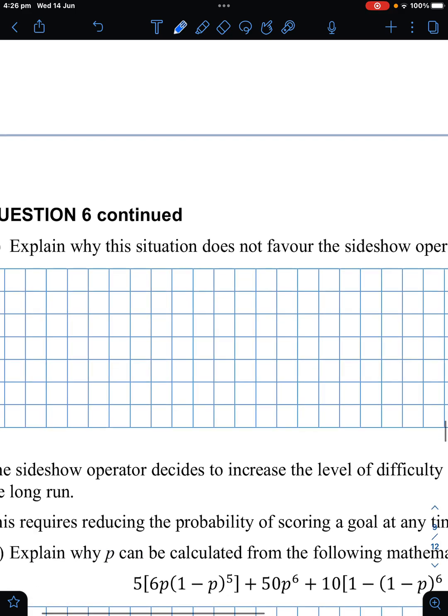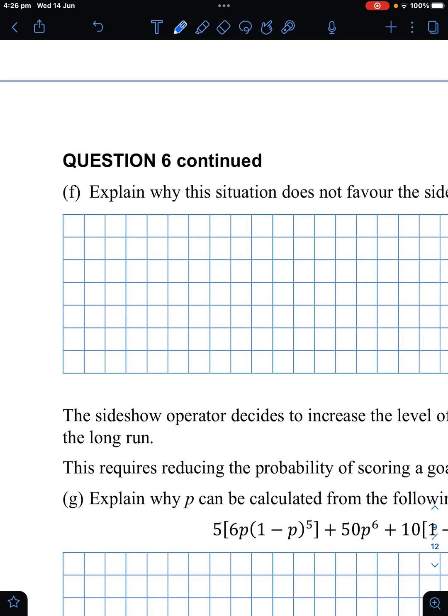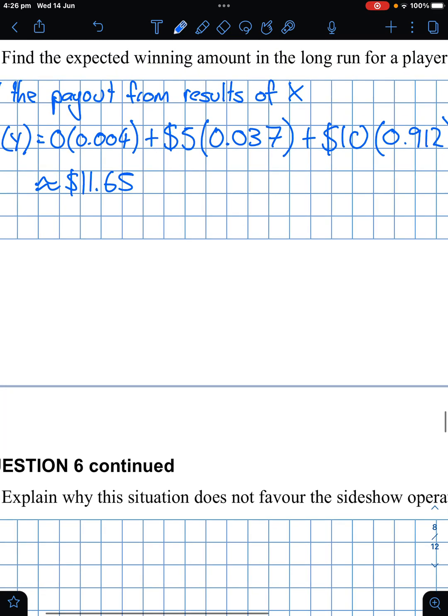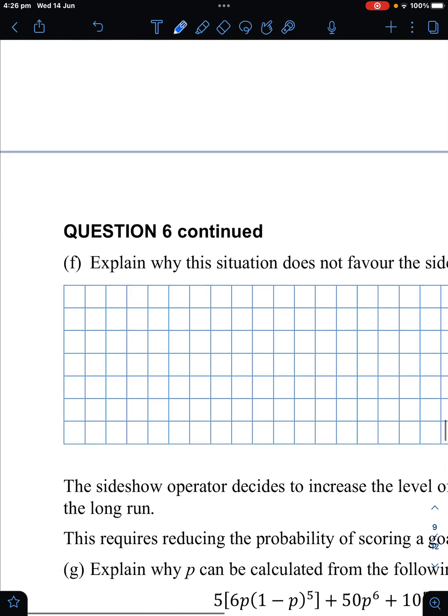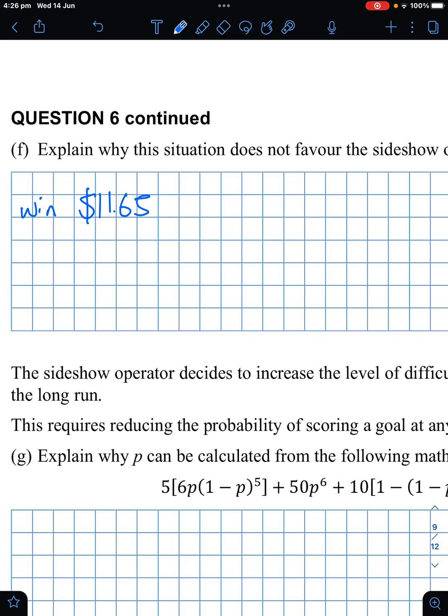So the next question, it's only worth a mark. Explain why the situation does not favour the sideshow operator. It's because the expected winning is higher than the cost to play, so you would expect here, it's not guaranteed, but in the long run, you expect to win $11.65 the more you play it. Now, I'm writing this really quick hand. Look at the actual solutions I've sent to you.